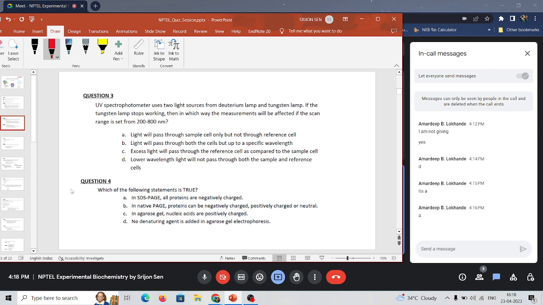So in what manner is it going to affect your measurement? Your tungsten lamp is said to have stopped working. So what is going to happen now?